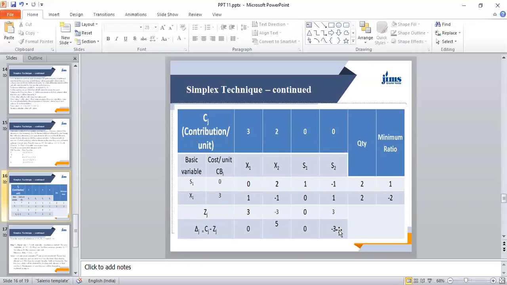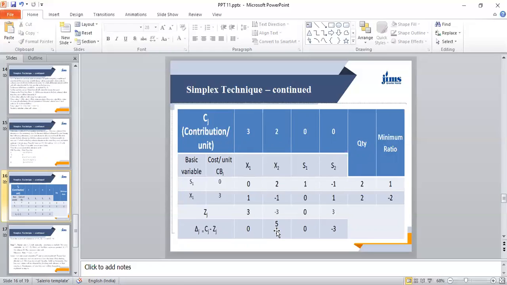So now, in the next row, what we have seen is that all the cell entries are still not 0 or negative. One cell entry here is 5, this is plus 5. So this is again negative. What does it mean? That there is still a scope of improvement.